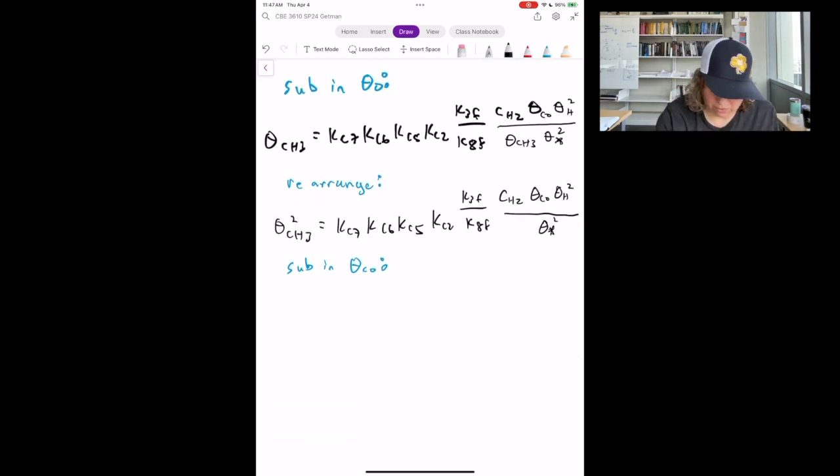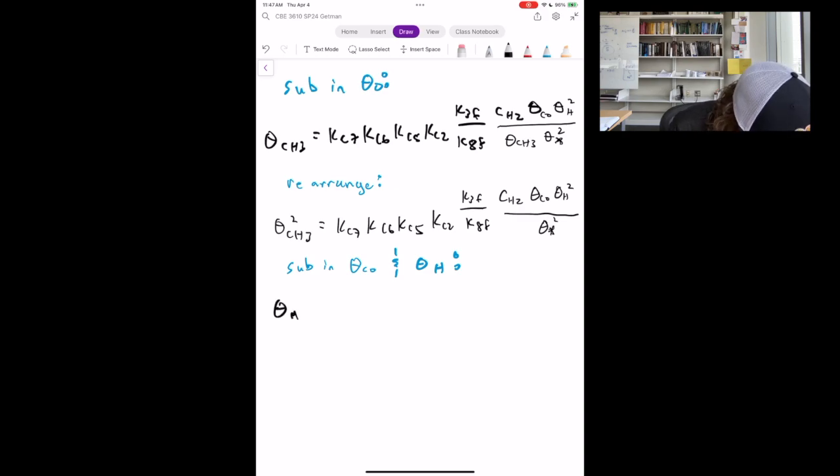And I guess at this point let's sub in both of these. Theta H, I would need to go and get that. Let me do that. Let's say theta H, and we'll get that from, hold on, reaction 4.